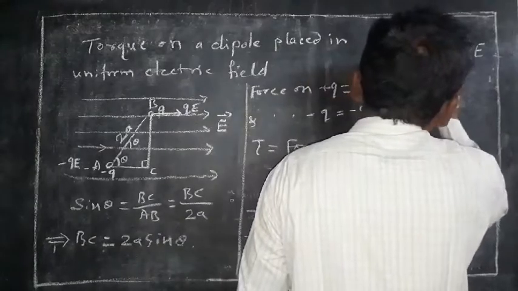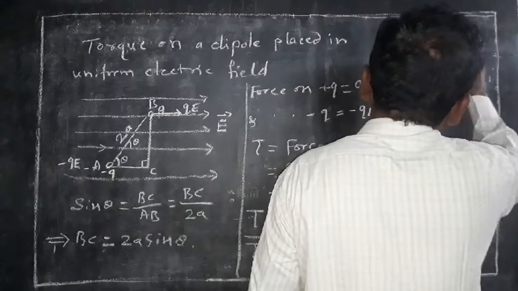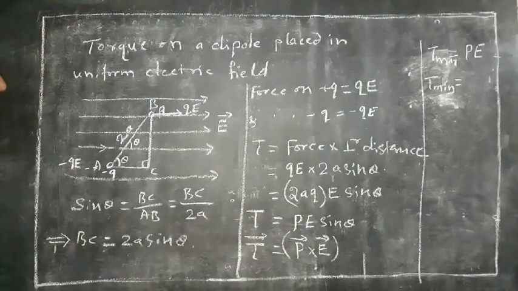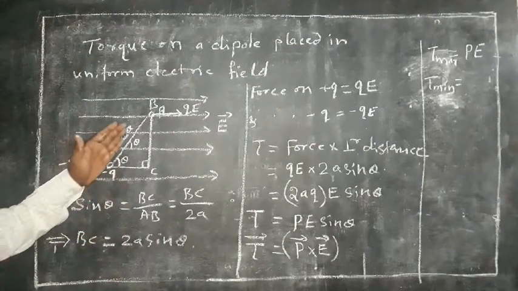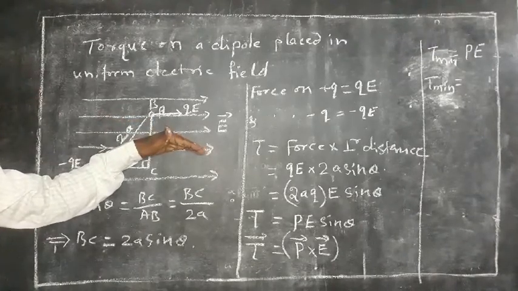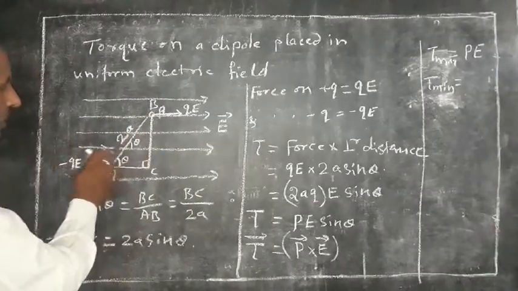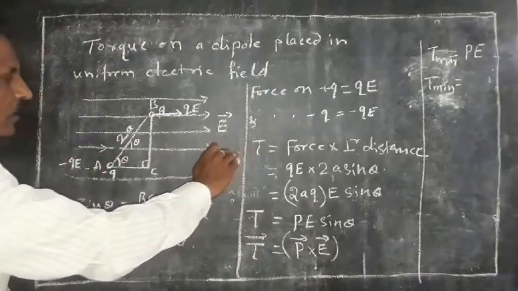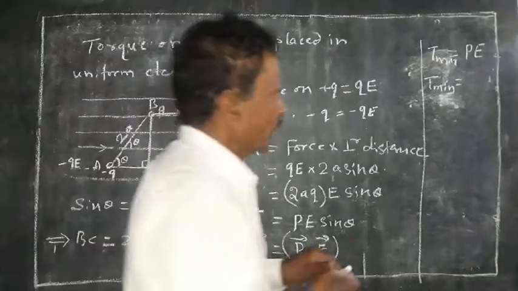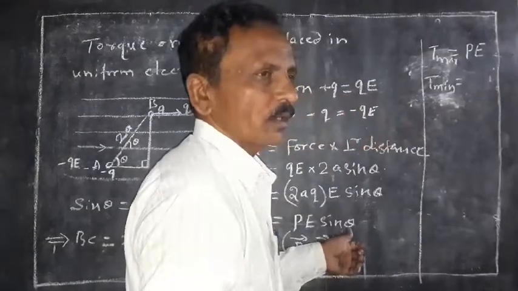Torque is minimum or zero when theta equals 0, when the dipole moment aligns along the direction of electric field, or if the dipole length is parallel or anti-parallel to the electric field, then theta equals 0 or 180 degrees.